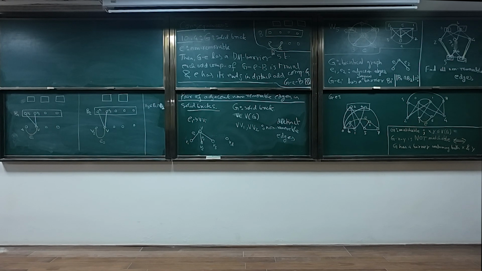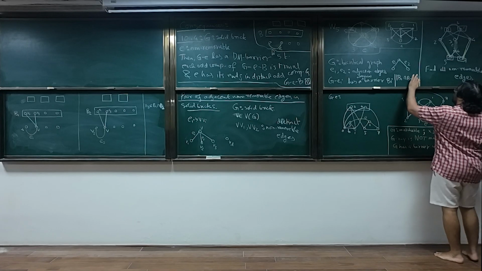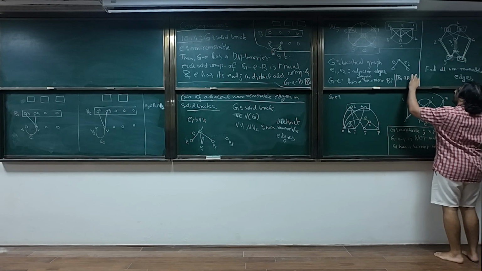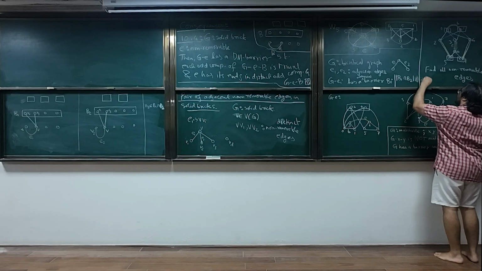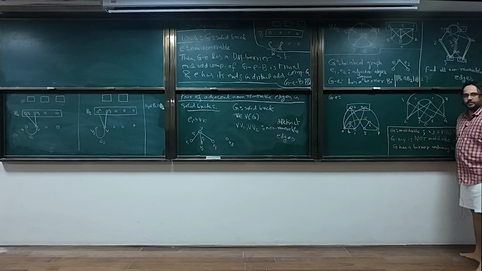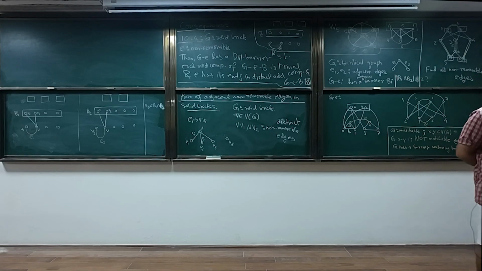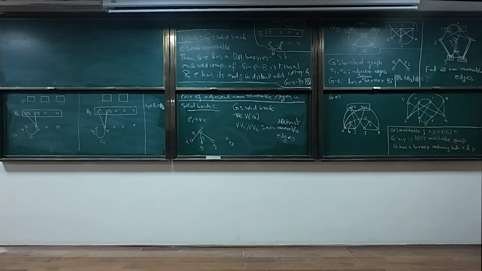Can it be at least 2? Is this possible? This is what I want you to think about. Supposing the two barriers B1 and B2 have at least 2 common vertices, can you try to arrive at a contradiction?